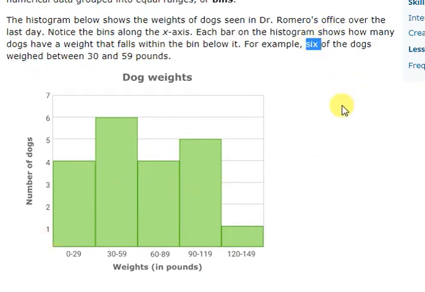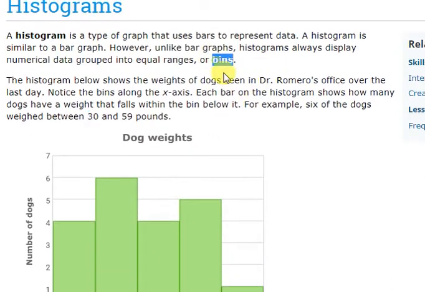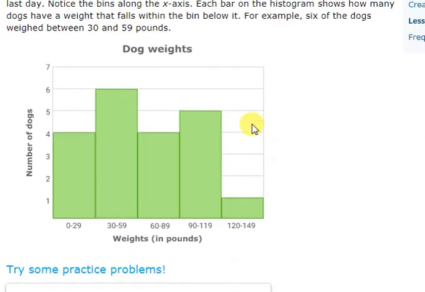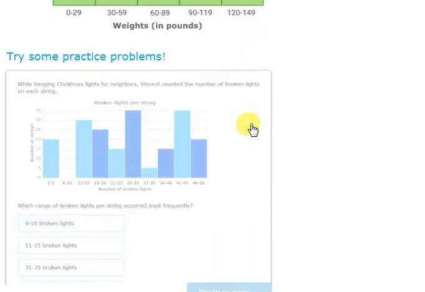Here we have an example where there are 6 dogs who had weight between 30 and 59 kg. Maybe one of them had a weight of 40 kg, maybe 45.5 kg. All of those dogs will be counted in this category, right? So we make ranges, which are normally called bins, for a histogram. Okay, now let's start practicing on IXL.